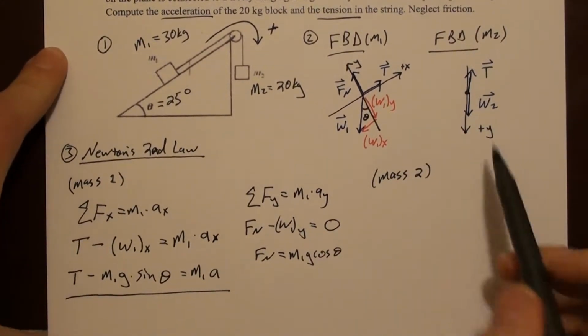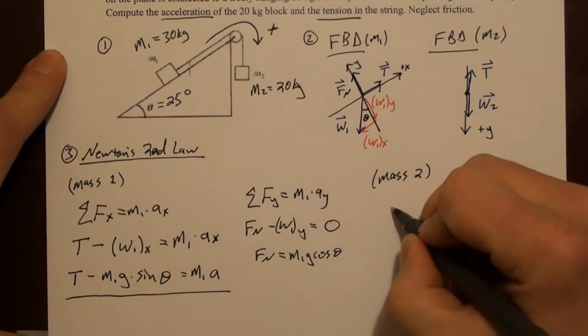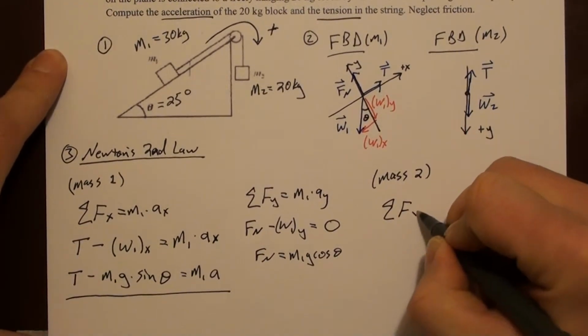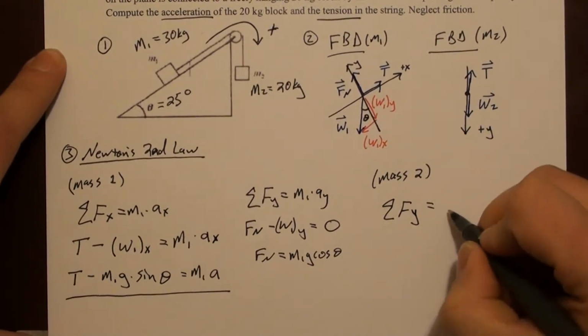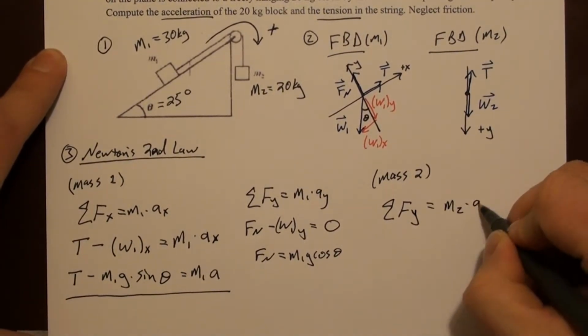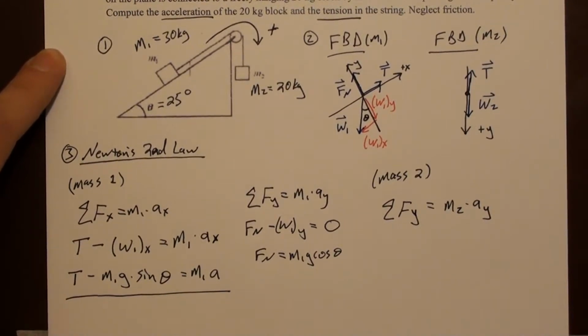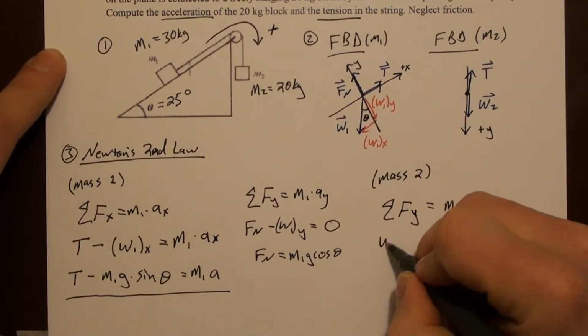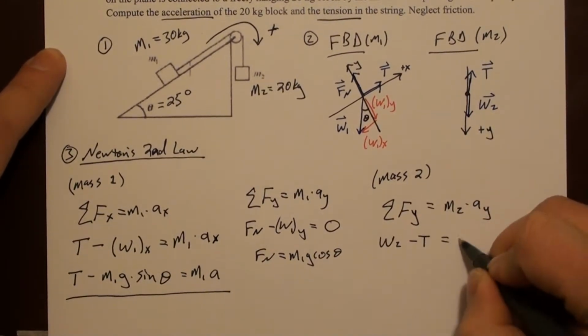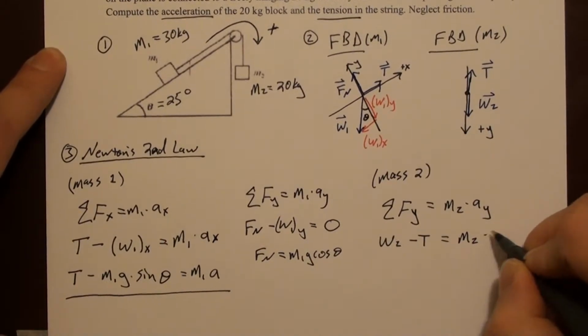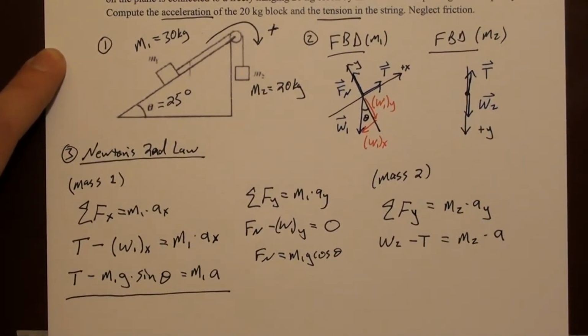All right, and again, the x direction is not interesting, so let's skip directly to the y direction. So F sub y equals m2 a sub y. And we have two forces here. There's the weight 2, and the tension, minus T equals m2, and I'm just going to change that to an a.